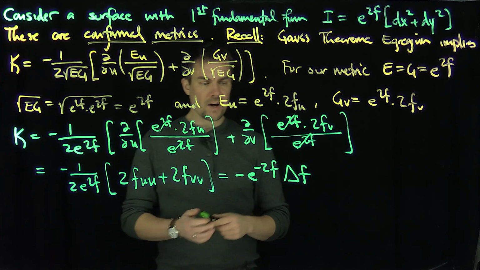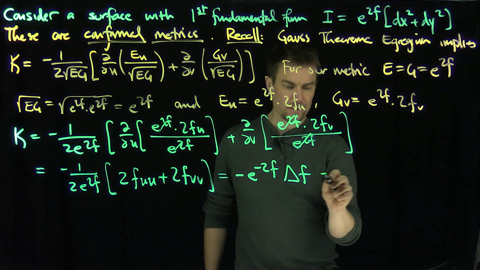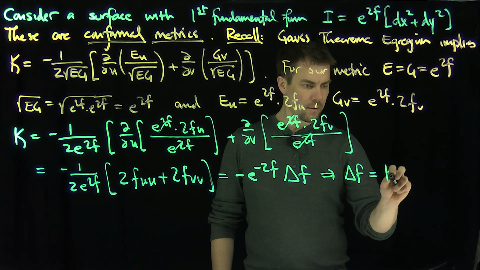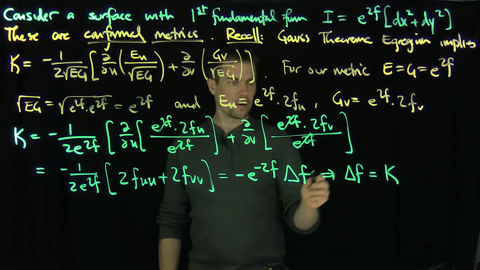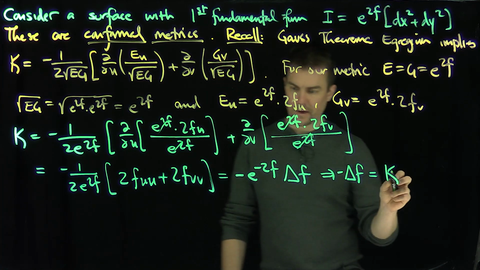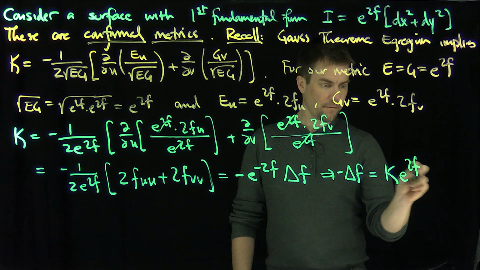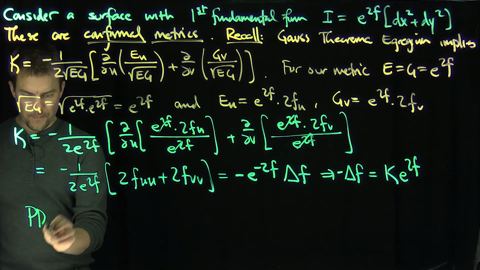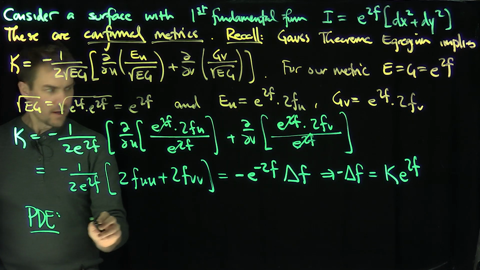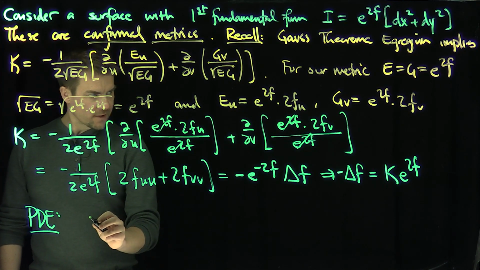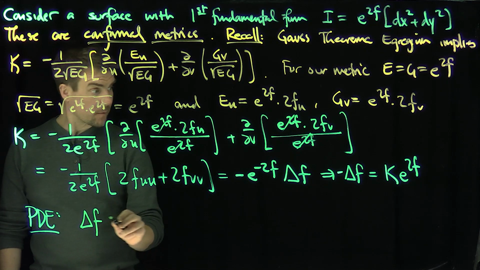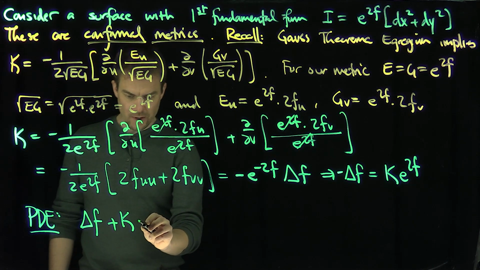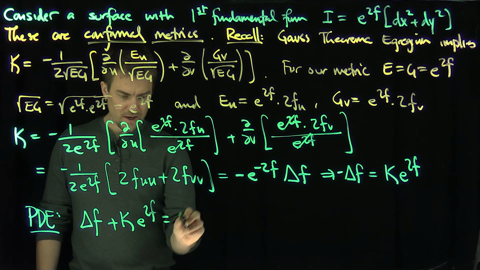Beautiful. And so now I'm going to multiply both sides by e to the 2f, and so this implies that negative Laplacian of f is equal to kappa times e to the 2f. And so I rearrange this equation to get the following PDE. Our PDE for the curvature is that we have the Laplacian of f plus kappa, the Gaussian curvature, times e to the 2f equal to 0.